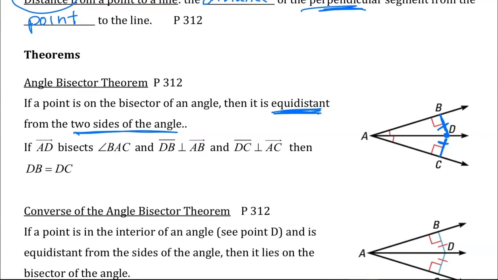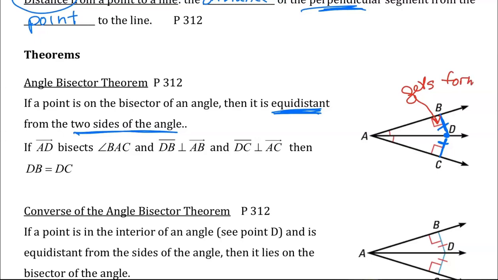If AD bisects angle BAC and you have these perpendicular segments, then DB has to equal DC. So they have to tell you that when you draw the line from D to B and D to C, this right angle gets formed.